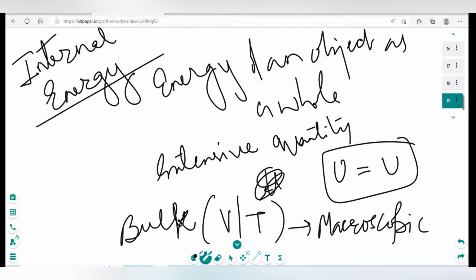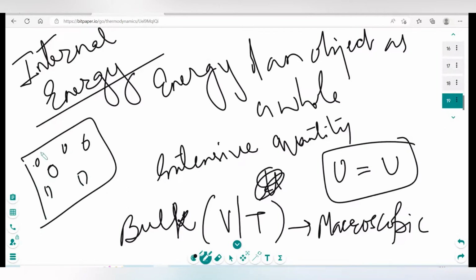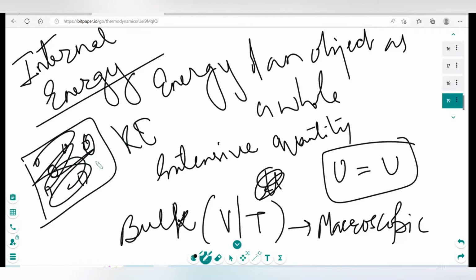Basically, internal energy is the sum of kinetic energy and potential energy of the molecules constituting the system. If this is a system and there are many molecules, they must be moving around, so they must have some kinetic energy plus the potential energy of their own.